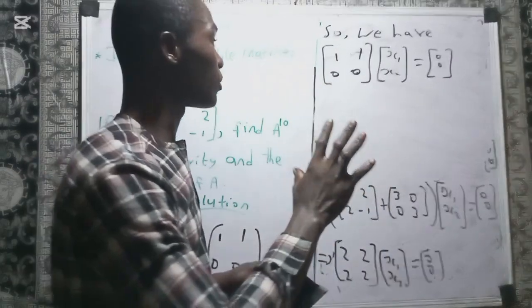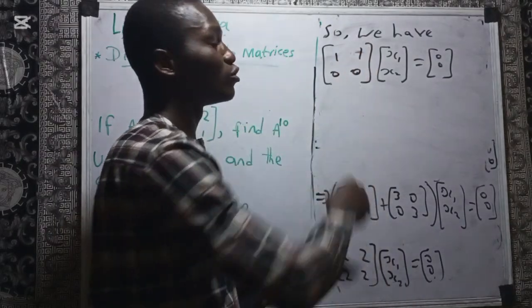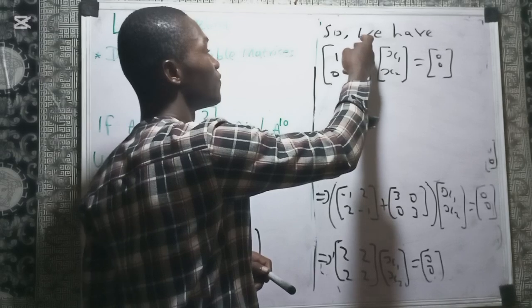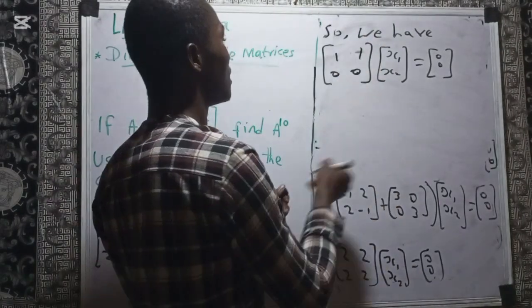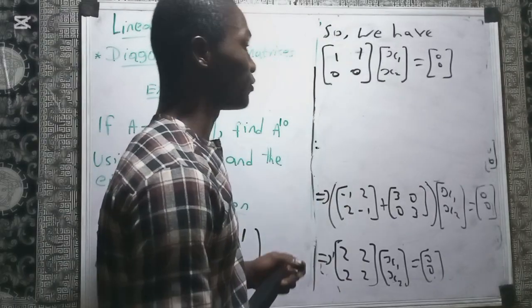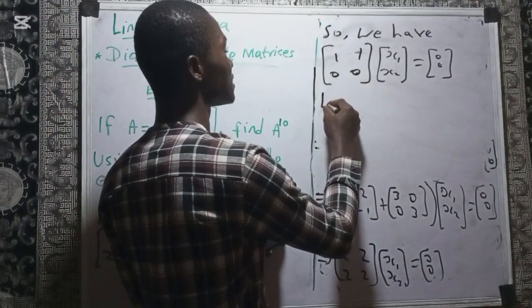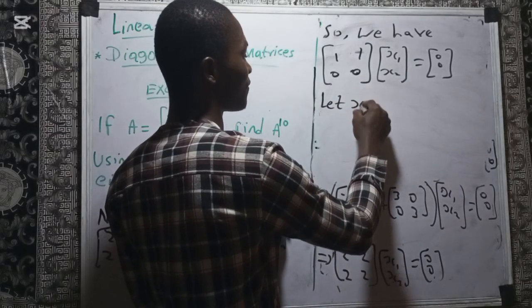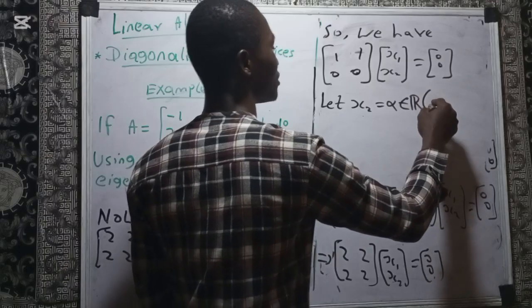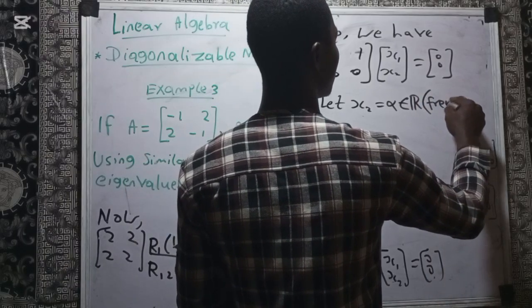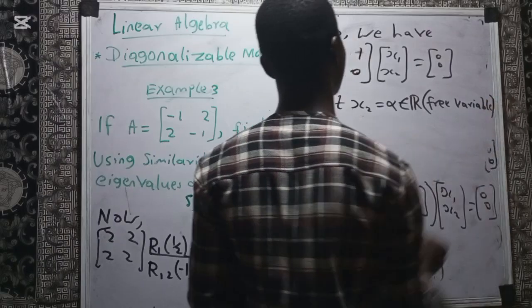So column 2 does not have a leading entry of any row. x2 corresponds to column 2, so x2 will be a free variable. We call it the free variable alpha. Let x2 be equal to alpha, an element of the real numbers, and it will be a free variable.